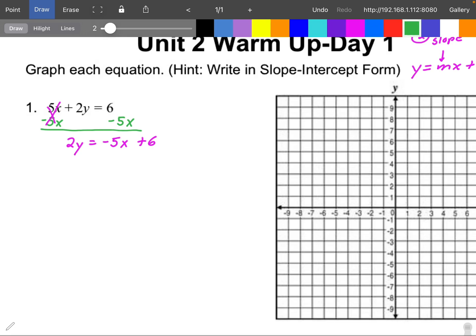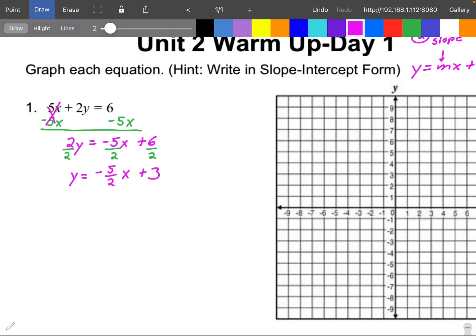So my y is almost by itself. I still need to get rid of the 2, so I'm going to divide everything by 2. So that would give me y equals, and then negative 5 over 2 does not simplify, so we're going to leave that as negative 5 over 2x, and then positive 6 divided by 2 is a positive 3.